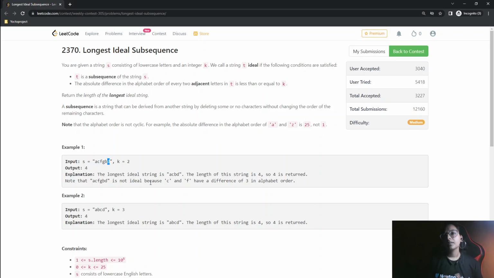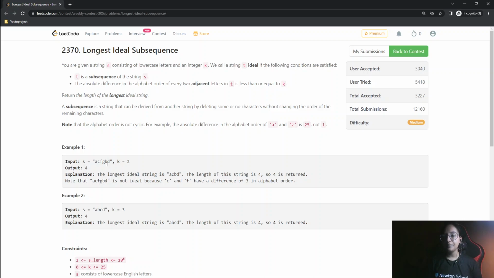And then we'll start with C, and now in the C we'll go ahead with all other, and we know that we had already calculated with the same, so we'll get now 3. And then we'll go ahead with F, and in this F we'll check for G, F and G, right? 1, so G would be included, but G and D, they don't have the difference less than or equal to K, so B would be discarded.